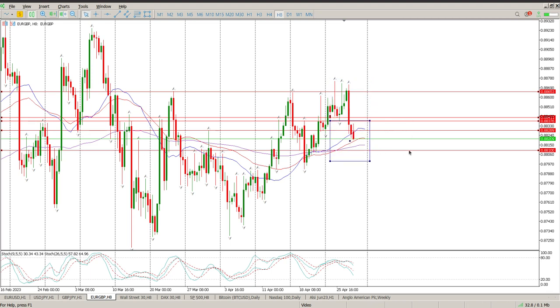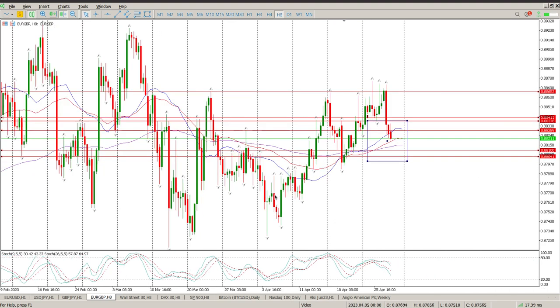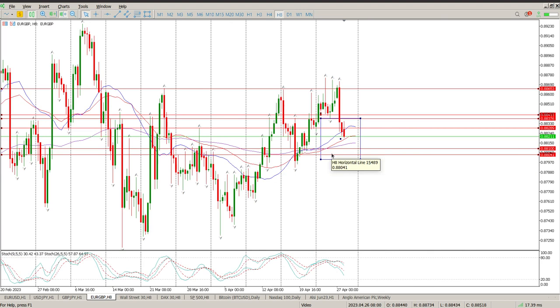So first target is going to be 0.88100. Second target, look for something that lines up with that double top. Very much there. Let's just pick that one up. It's going to be safest there. So that would be 0.88041. So that's the setup that we've got brewing at the moment.